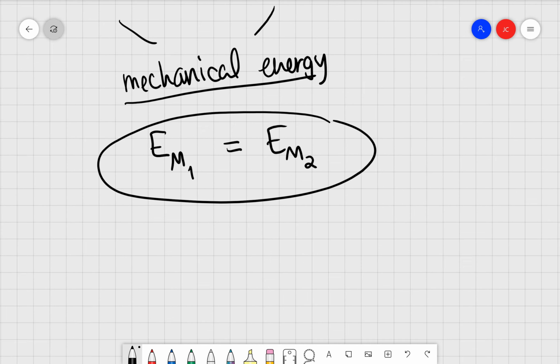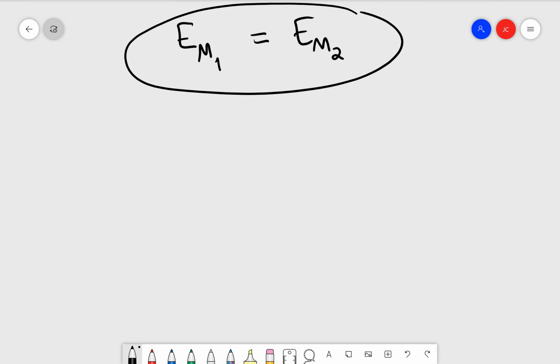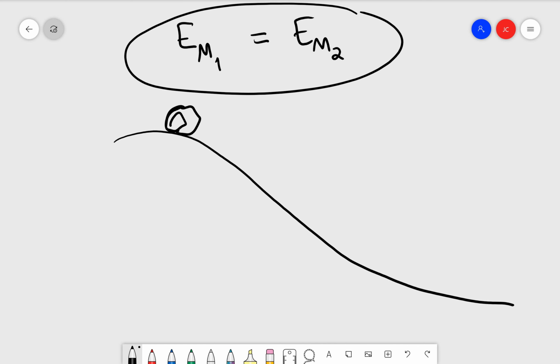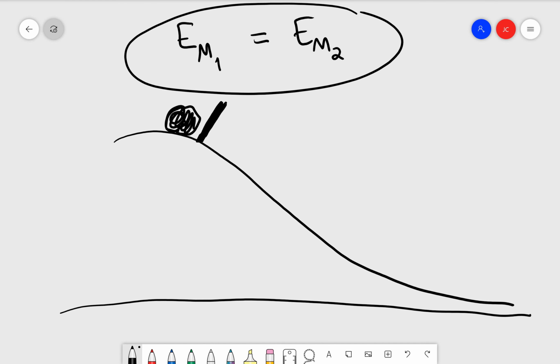I'm going to do this with another example, and it's a familiar one because we did it last time: a rock that's on top of a hill. If you remember, the rock was being blocked by some barriers so that it could not go down the hill. And I was explaining that this rock, at this point, has a large amount of gravitational potential energy.